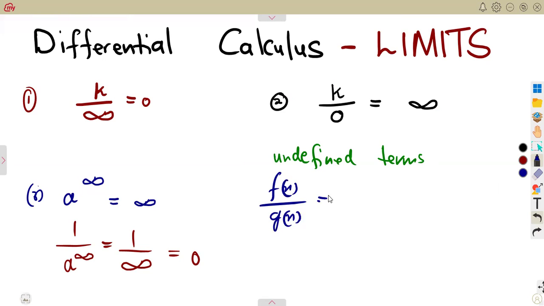Then you substitute for any x value that you're given, and you obtain 0 over 0, or you obtain infinity over infinity, or 0 over infinity, or infinity over 0. These functions are undefined.